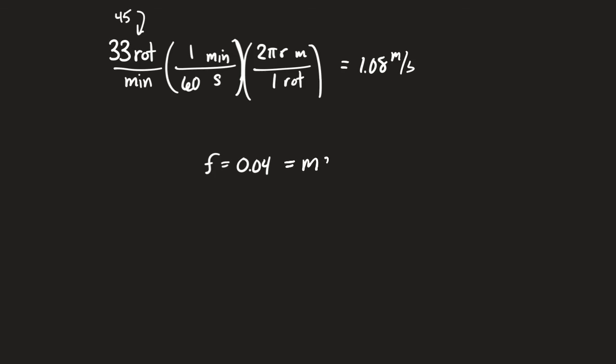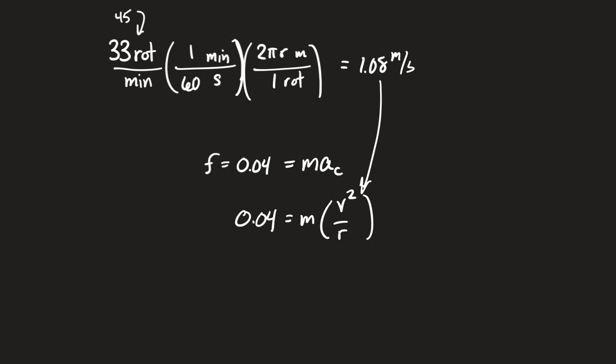So that equals MA. But for a rotating object, that's M a_c, which is 0.04 equals M times V squared over R. Right? Find R. You know what everything else is.